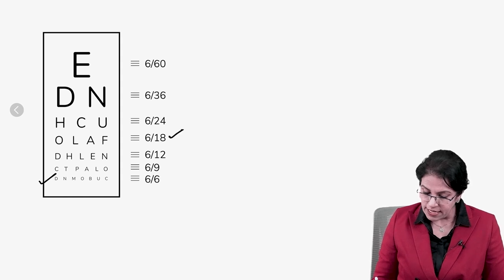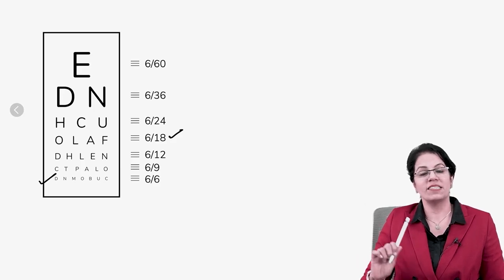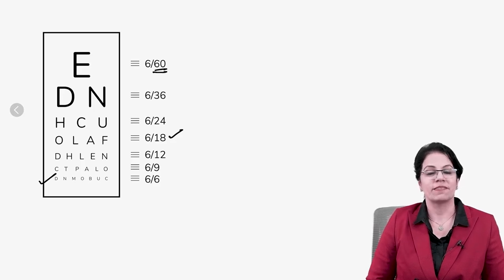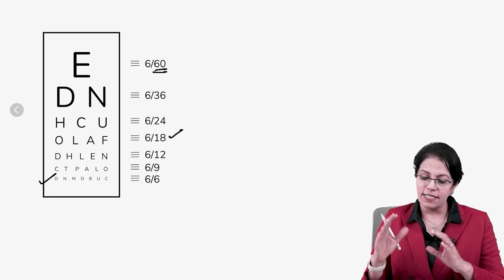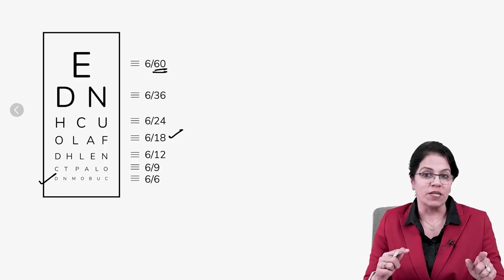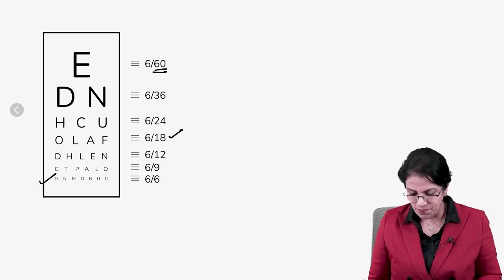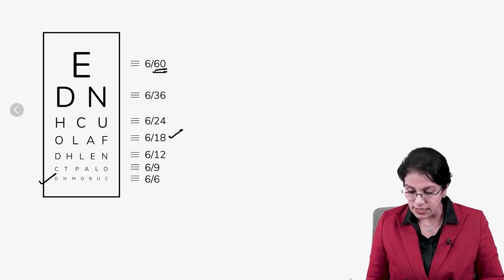But 6 by 18 means that OLAF is subtending 5 minutes and 1 minute at 18 meter distance. This is at 60 meter distance. Do you all remember in physics we learned that the size of the image not only depends on the size of the object but also the distance of the object from the lens. So keep this in mind. This is one thing you have to know about Snellen's box and acuity chart.